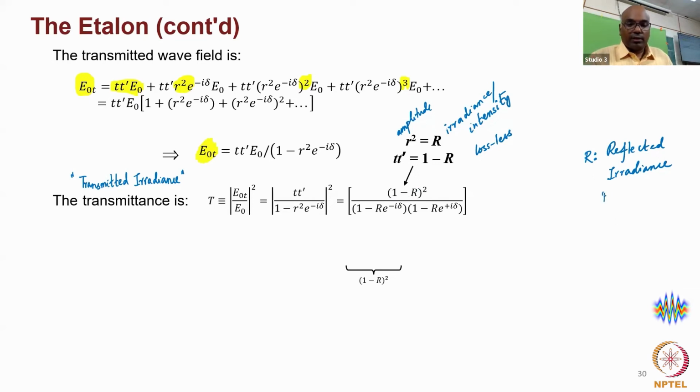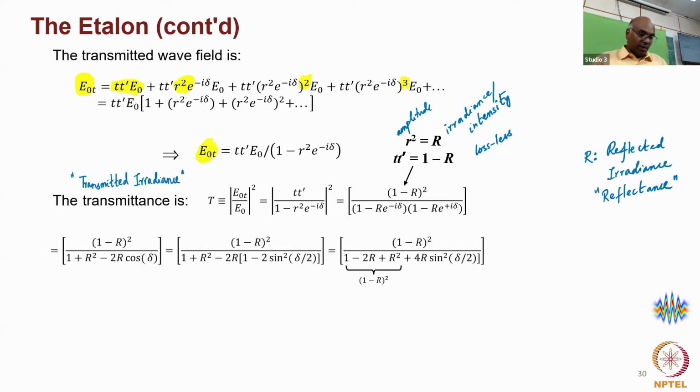Reflected irradiance is, of course, called reflectance, R. T is 1 minus R squared, that is t prime is 1 minus r, and the absolute value square of the numerator brings up 1 minus R squared, divided by the denominator 1 minus R e to the minus i delta, multiplying 1 minus R e to the power plus i delta.